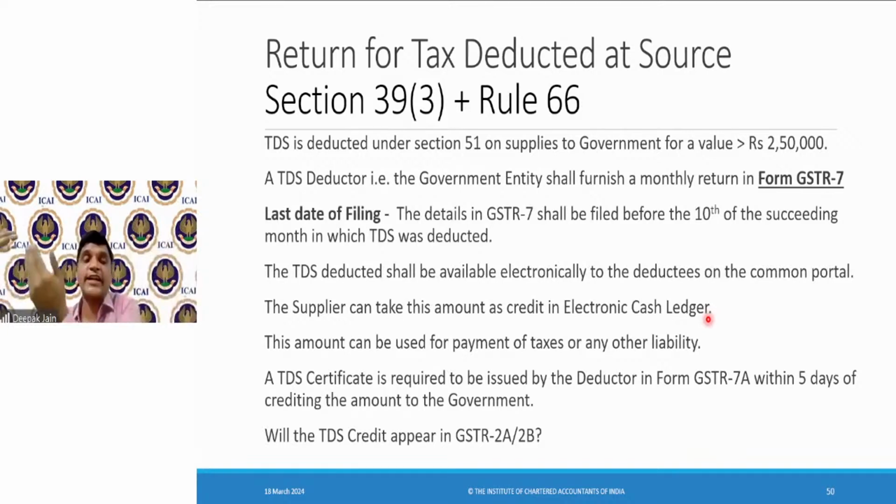2B. When a TDS is deducted, it is coming in your electronic cash ledger. For the electronic cash ledger, there is no separate input tax credit ledger or there is no 2A. GSTR 2A is for credits and the cash what you get is not coming directly in your credit ledger. So it will not come in your GSTR 2A or 2B. Okay. So the credits of the TDS deducted will not appear in your GSTR 2A or 2B. Understood?